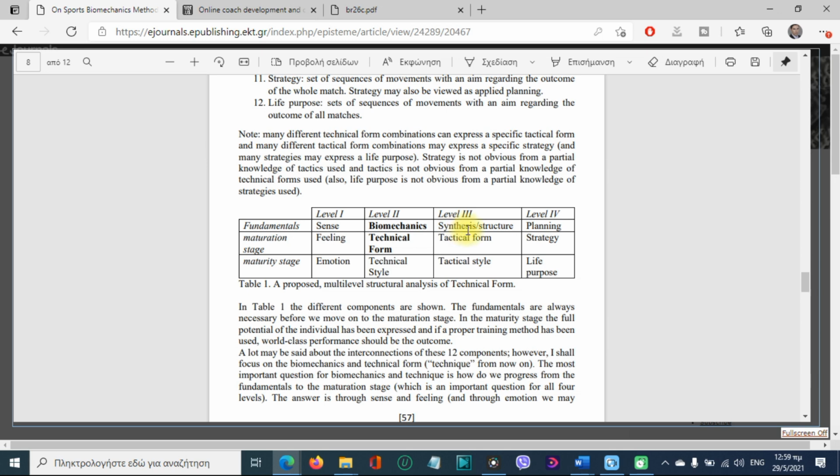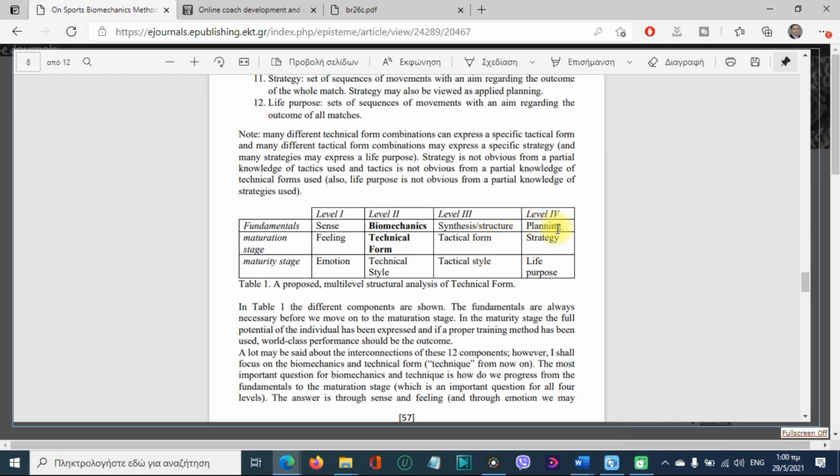The same is here. So we have synthesis and structure. This is also from the epistemological method. And we have ways to categorize the game, and we have tactical form, which is general information about tactics, what to use, general steps. It's like the technical form, and technical style is the personalized form.